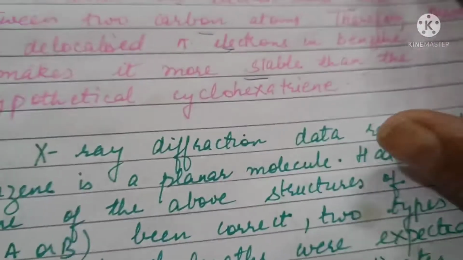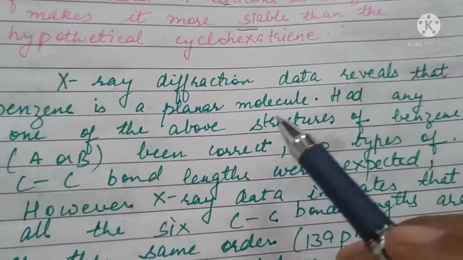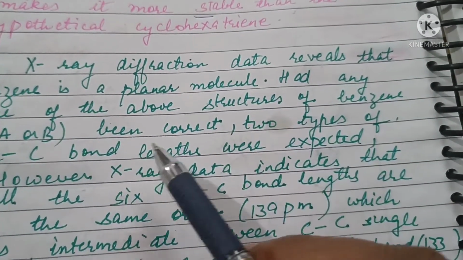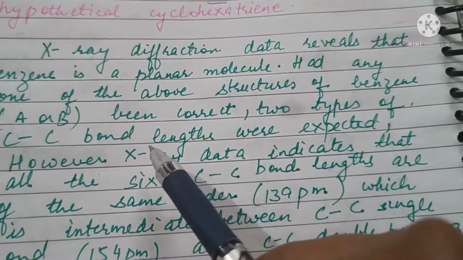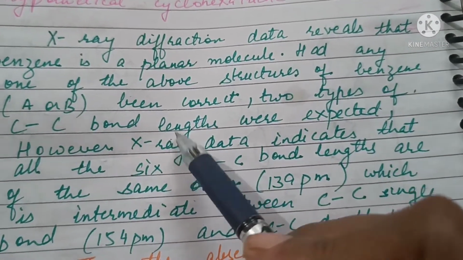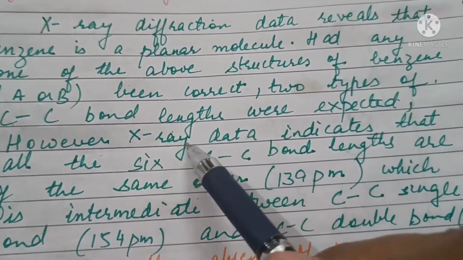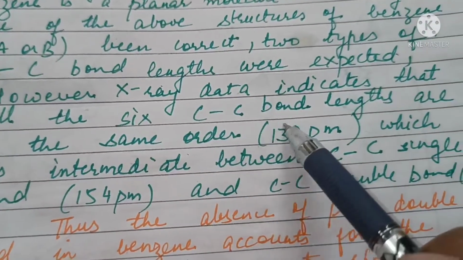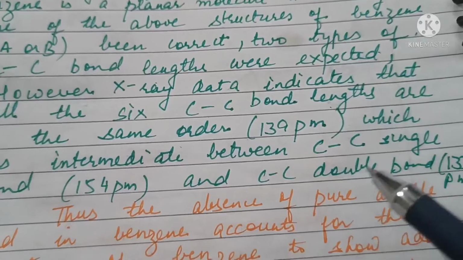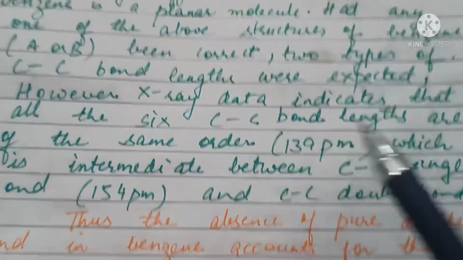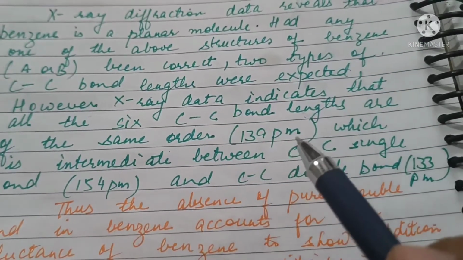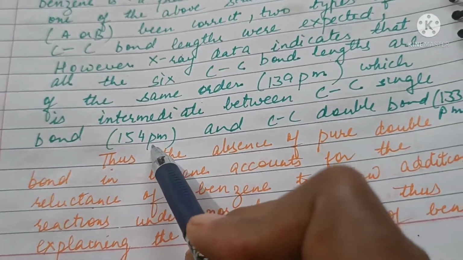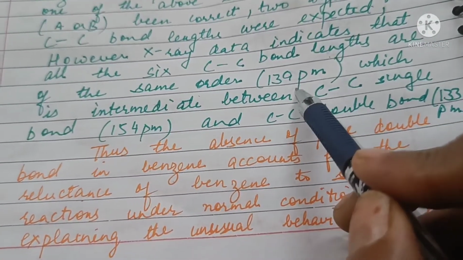X-ray diffraction studies also reveal that benzene is a planar molecule. Had any one of the above structures of benzene been correct, then we would have found 2 types of carbon-carbon bond lengths, one double and one single. But X-ray studies show that all carbon-carbon bond lengths are the same, which are an average of the double and single. That is, a double bond is 133 picometer and a single bond is 154, but the actual bond length comes in between the two.